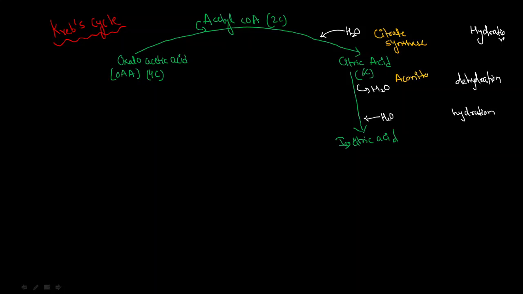And both processes occur in the presence of the same enzyme, known as aconitase enzyme. And this aconitase enzyme requires a cofactor, that is iron. So iron will be there.